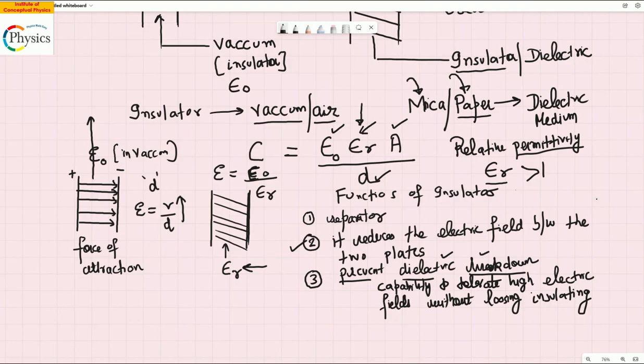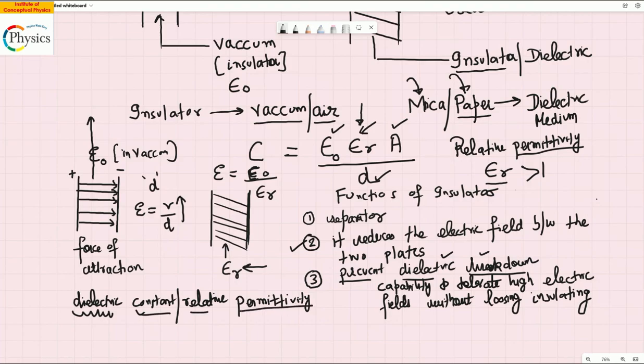So whenever you see words like dielectric constant or relative permittivity, don't be scared. It is nothing. It is the material which is inserted between the capacitor plates. It's some property of that material.